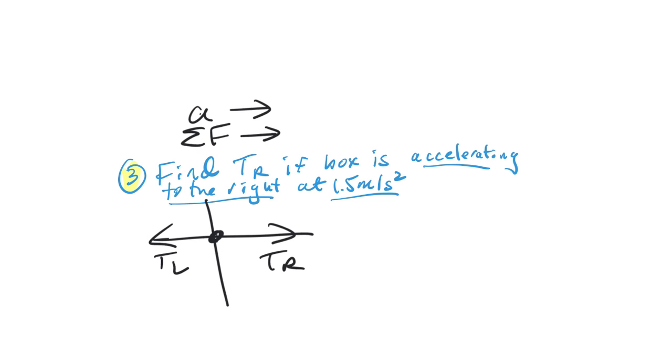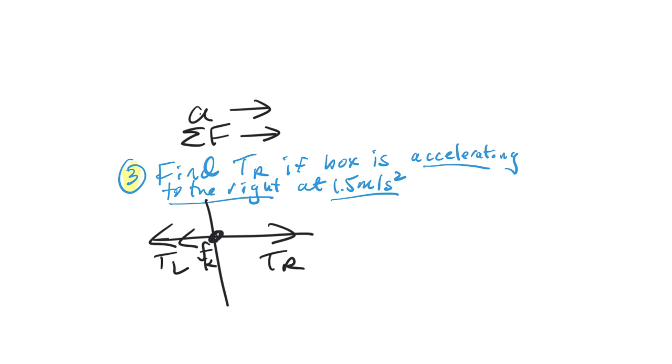Okay, so let's see. What kind of friction is it? It's moving. Let's say the box is moving to the right. It's accelerating to the right. So TR has to be the bigger force. Now, which way is the friction pointing? Well, to the left. But it's kinetic friction, not static friction, because now it's moving.